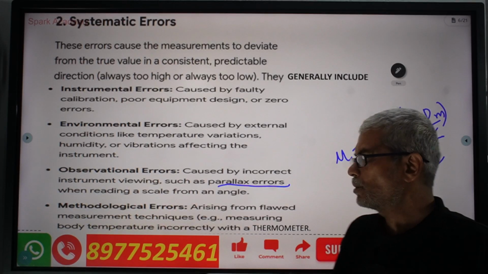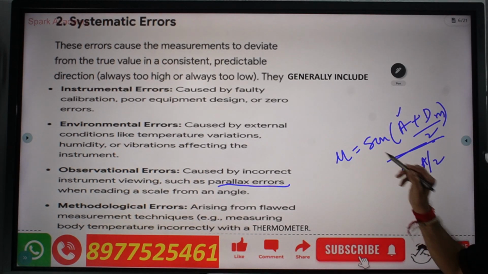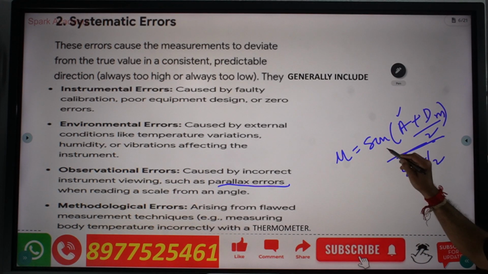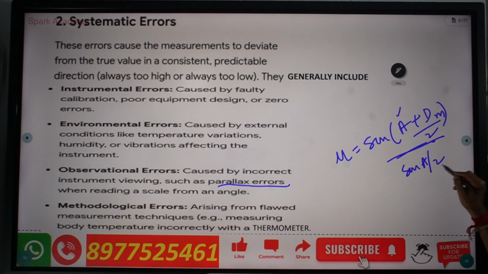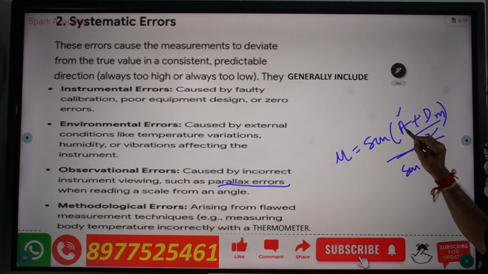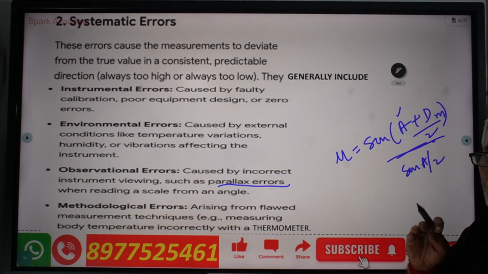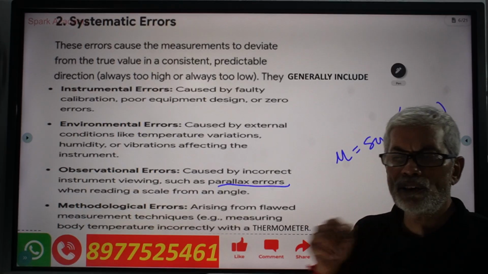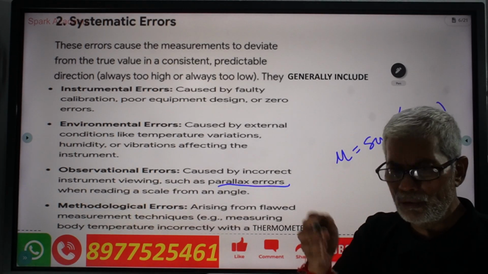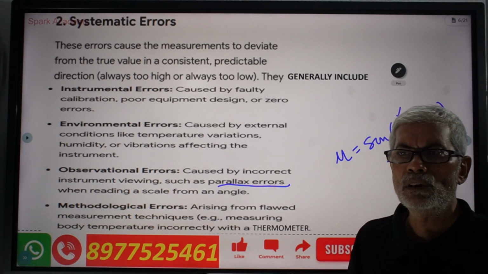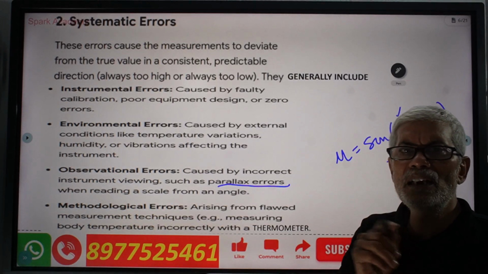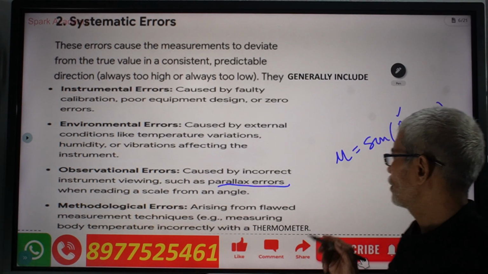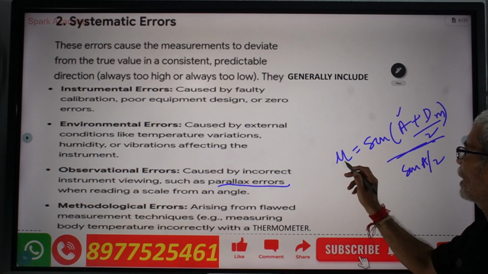If somebody asks you to determine the refractive index of a given prism, the formula you use is sin((A + dm)/2) / sin(A/2). So you need to find the angle of prism accurately, and dm also. The angle of prism is 60 degrees, all of you know, equilateral triangle, but you are doing an experiment, so it may slightly vary. Then you will get the correct reading.